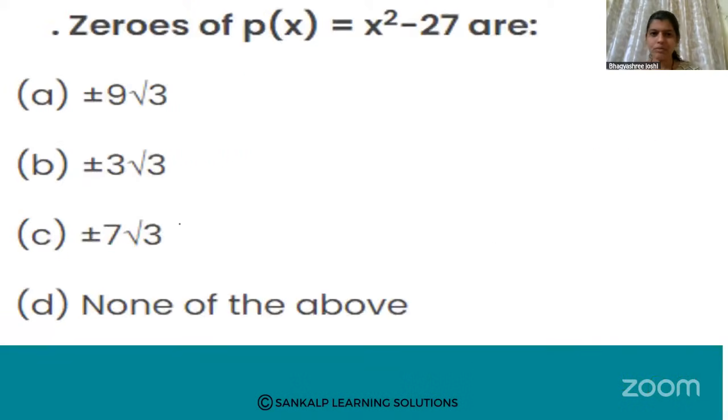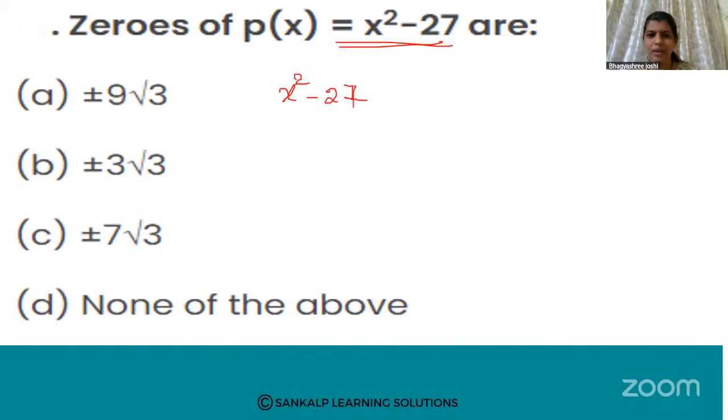Remember. Next one. Zeros of p of x equal to x square minus 27. So here also we can find out zeros of this polynomial. How? Again by using the factorization method. How do we use the factorization method? x square minus 27 is there.